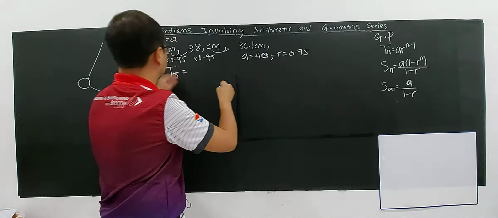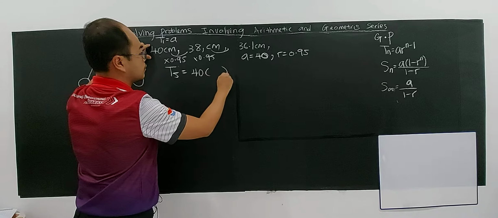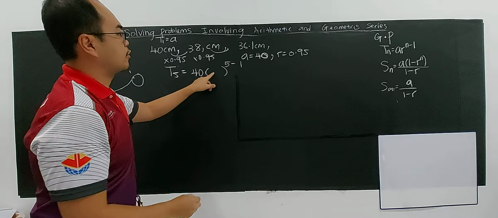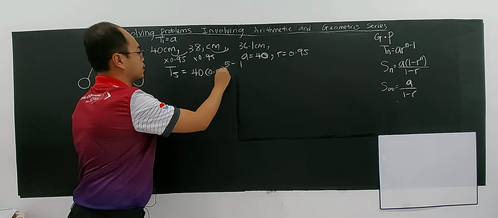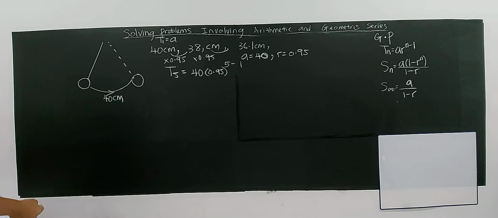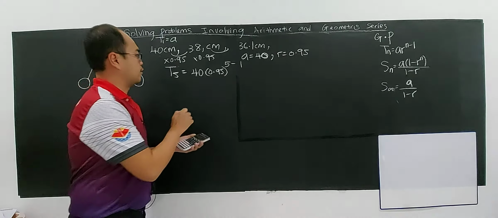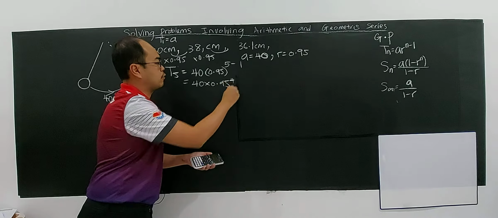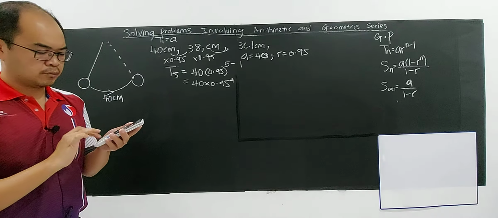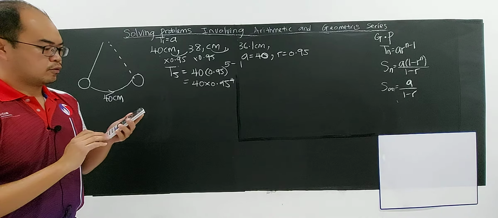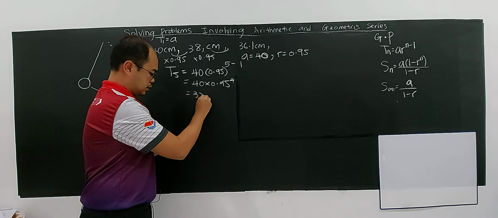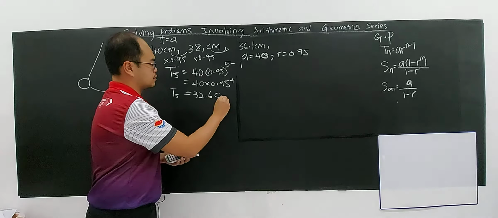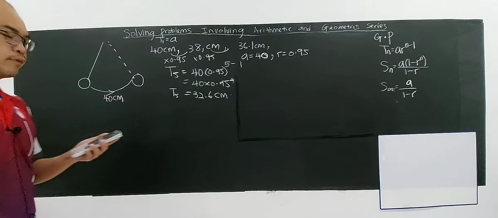So you apply the formula: a is 40, n minus 1, you take 5 minus 1, and your r here will be 0.95. So you're taking 40 multiplied by 0.95 to the power of 4, which gives you around 32.6 centimeter, right?